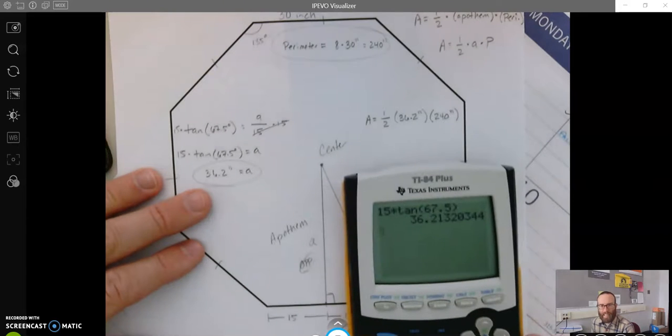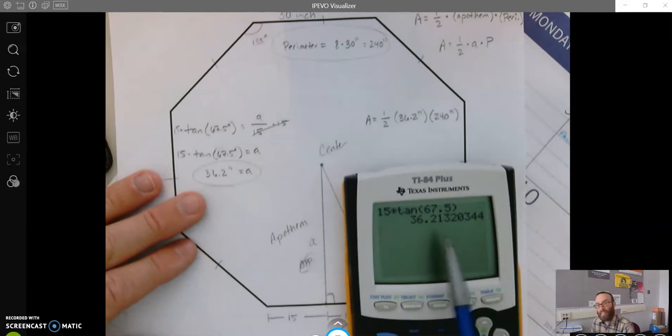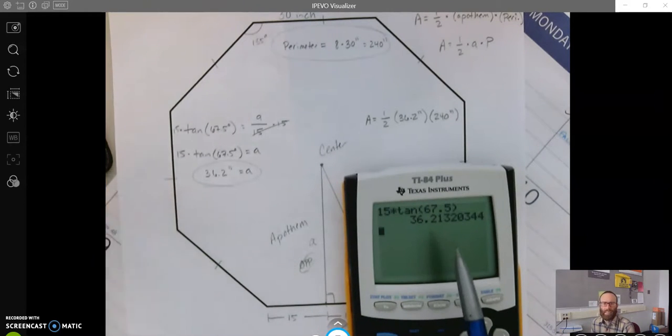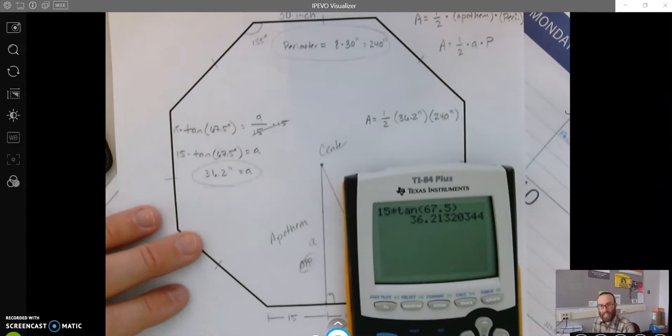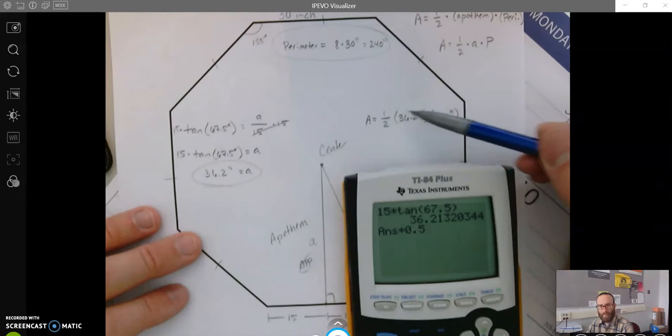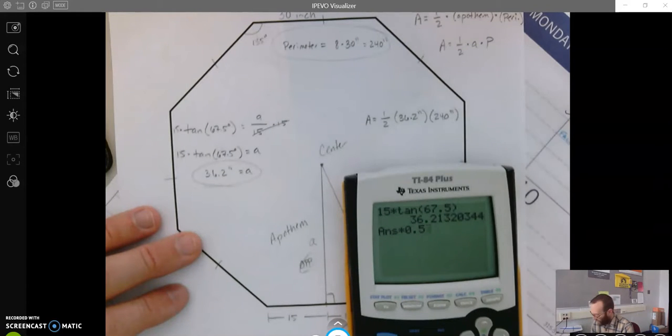And I'm going to go back to my calculator. Now, here's the cool thing. My calculator will store that. Okay? Your phone might be a little bit different, so you'd have to type it all in. That's fine. But I'm just going to take that and multiply it times 0.5. That's for the 1/2. I already have this 36.2 in there. Times 240.